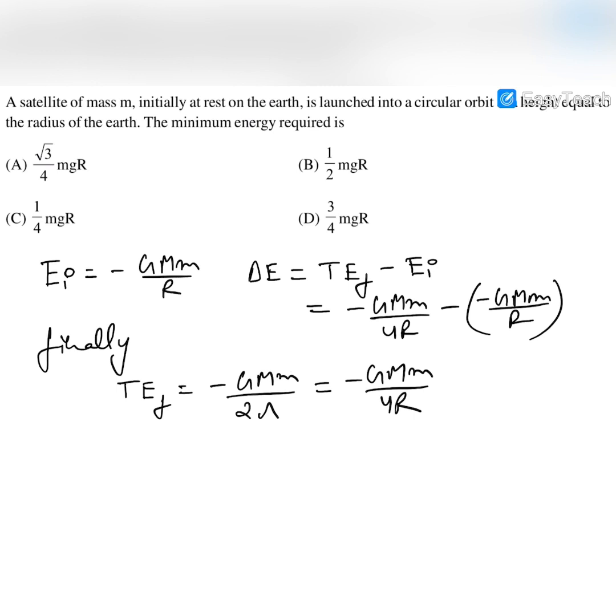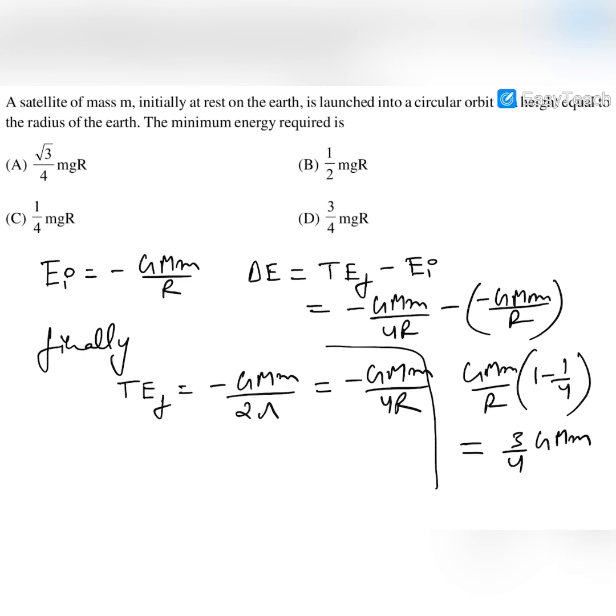So this is equal to GMm by r times 1 minus 1 by 4, which is equal to 3 by 4 of GMm by r. This is delta E. Now we move on to the next question.